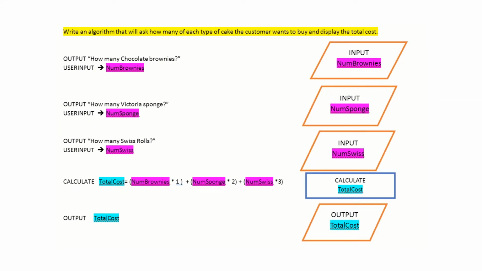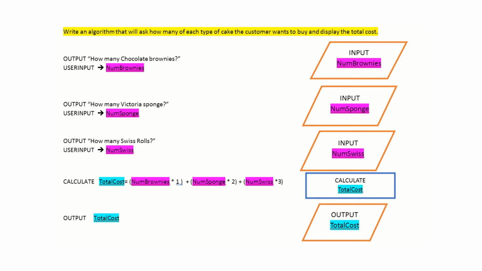Here it is in pseudocode, so write this out. Instead of saying ask how many chocolate brownies, what I want to do is output on the screen, in speech marks, how many chocolate brownies. So that's what I'm going to output, the message for the person. So rather than saying I'm going to ask them, I'm going to output it on the screen.